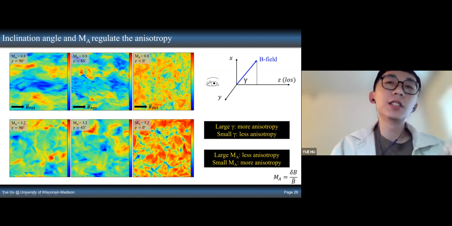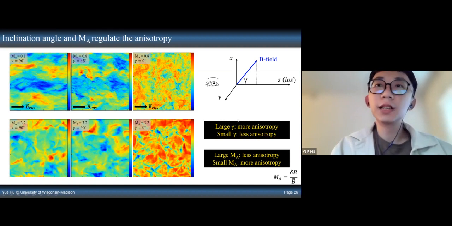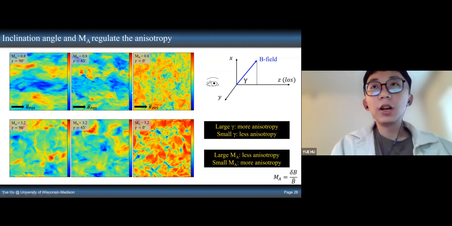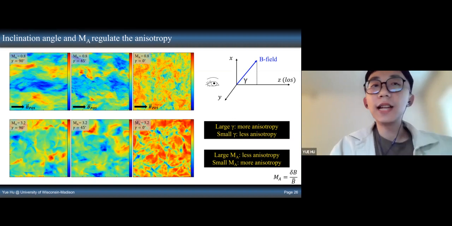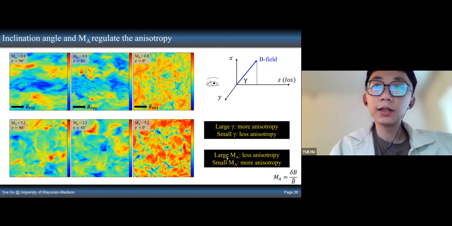So that means the anisotropy is regulated by the inclination angle. But that's not the only factor, because that's just a projection effect. What we find is that the anisotropy is also regulated by the magnetic strength, let's say MA, the ratio between the fluctuation of the magnetic field over the mean magnetic strength.